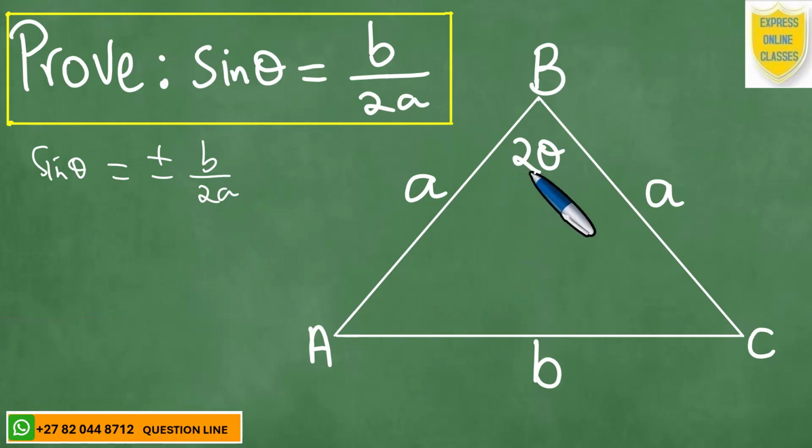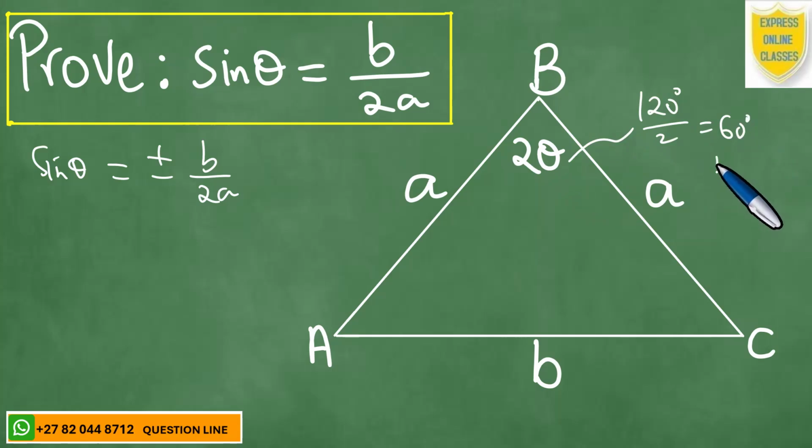But in view of the fact that this particular angle 2 theta can be either acute or obtuse, if this angle is as large as just shy of 180 degrees, maybe 120 degrees, you divide it by 2, you get 60 degrees, and this makes theta acute.